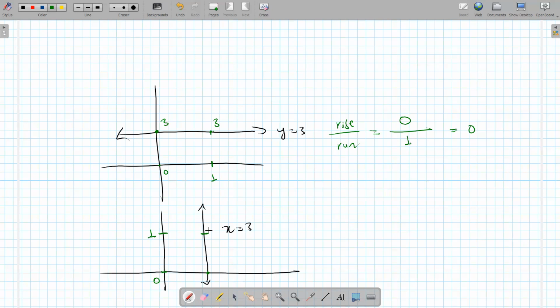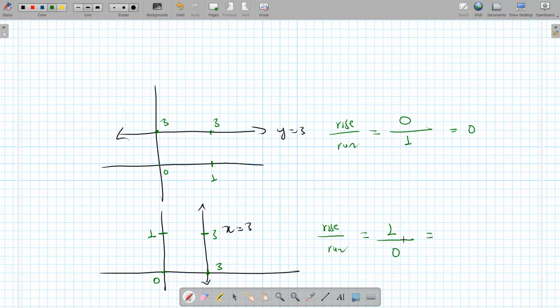It's 3. What's the x value down here? It's still 3. Now, when you go to do rise over run, what's the rise from here to here? 1. What's the run from here to here? 0.